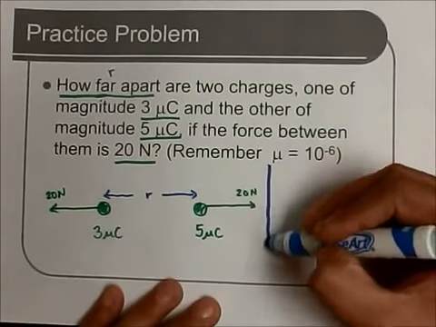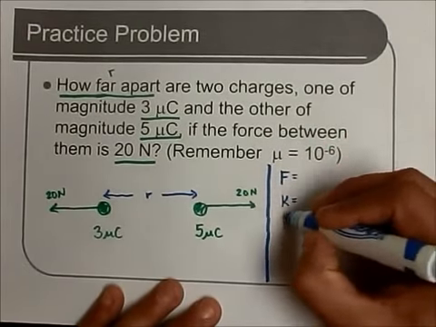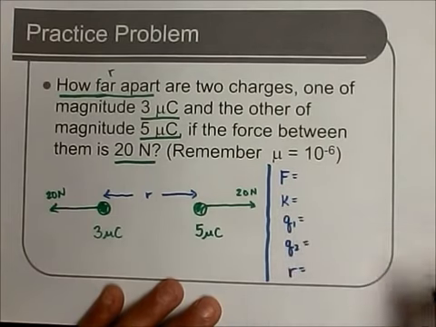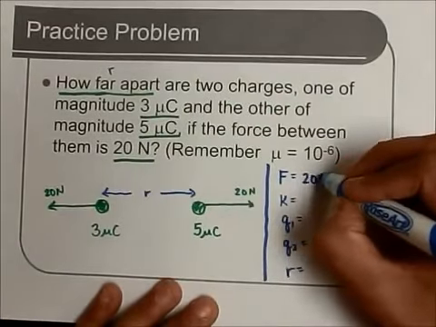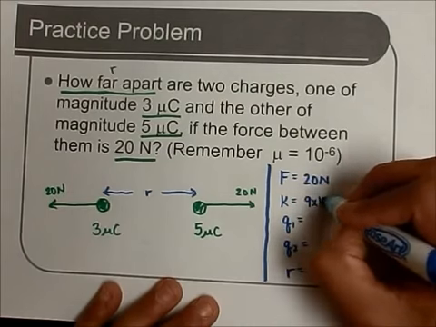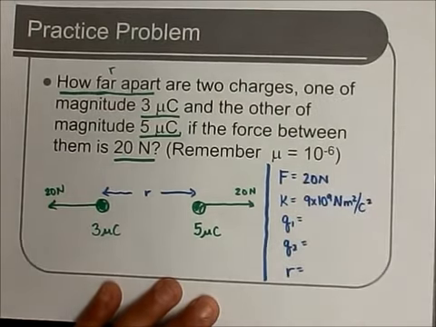Okay, so let me set up all of my variables here. F, K, Q1, Q2, and R. F I know is 20 newtons. K is a constant, 9 times 10 to the ninth Newton meters squared per Coulomb squared.